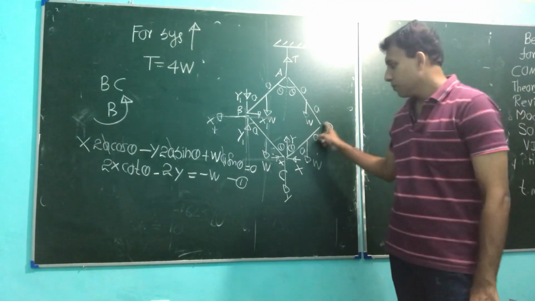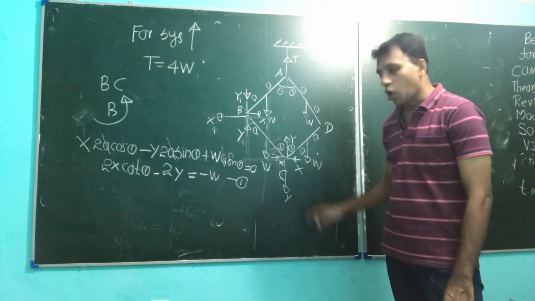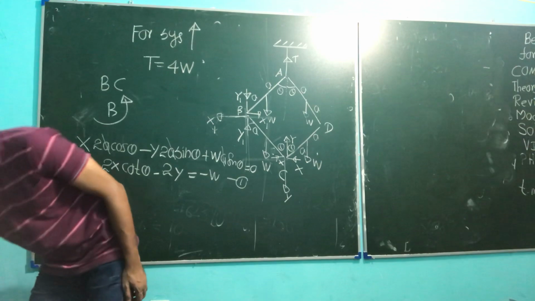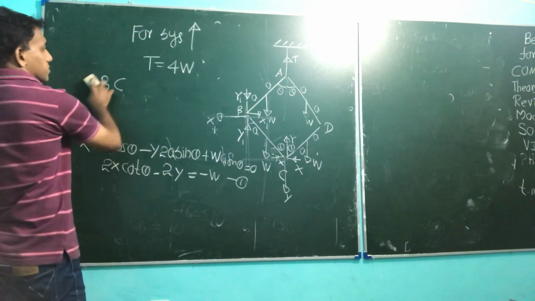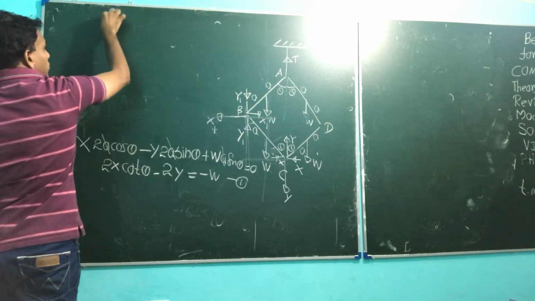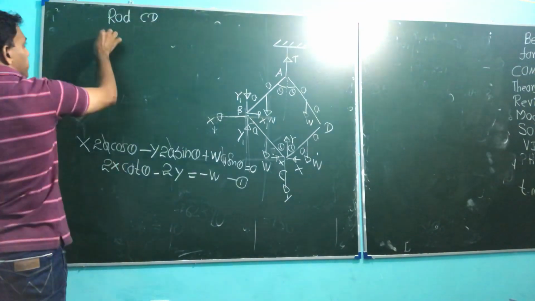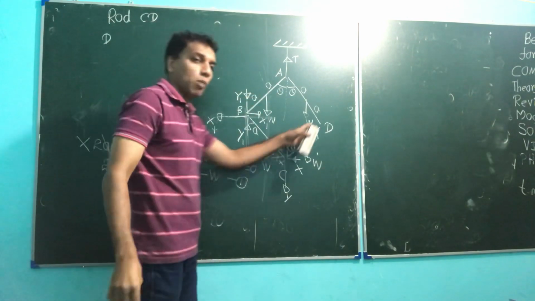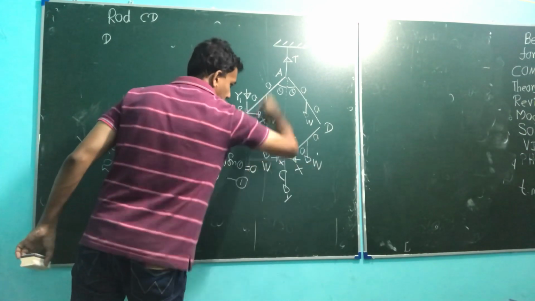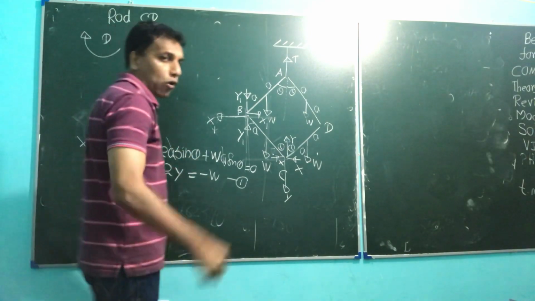Here I'm showing once again how y becomes 0. Now come to CD. Next, write for rod CD, take moments about D. It also shows this x direction, right? So what is moment? Force into distance.